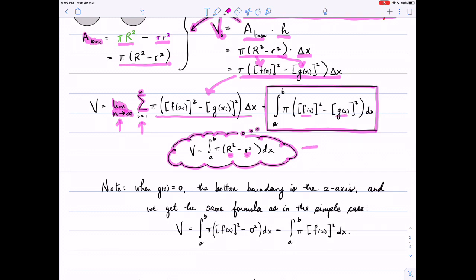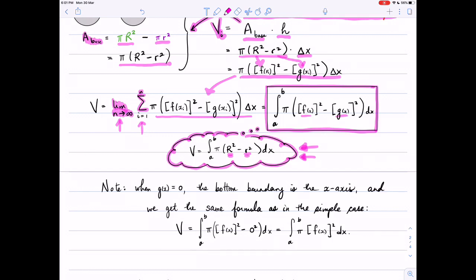So this formula is sort of the more useful formula, and when we go into more complicated cases, this sort of memory aid formula here will still help, whereas the details of what the two different radii are is going to be slightly different.